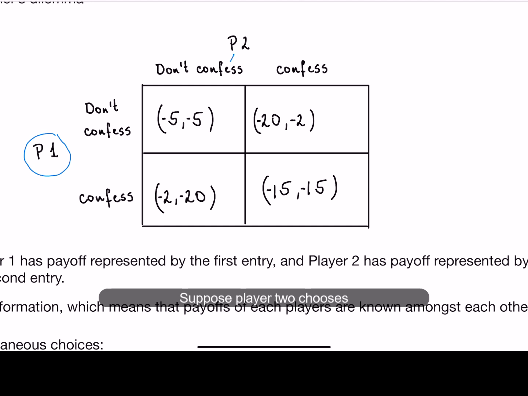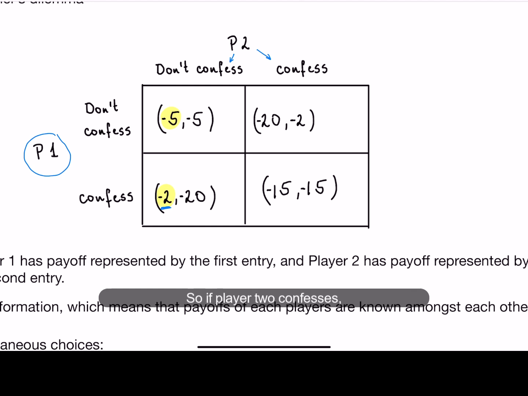Suppose player 2 chooses to not confess. Then player 1 is left with a choice of not confessing or confessing. So which outcome is better for player 1? Well, player 1 is going to confess, because confessing gives a less severe penalty. But player 1 also considers the case, what if player 2 confesses?